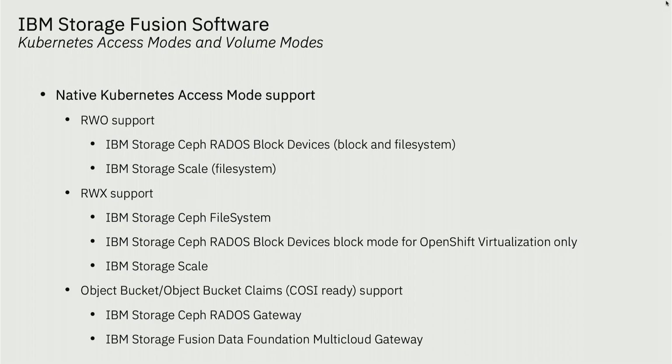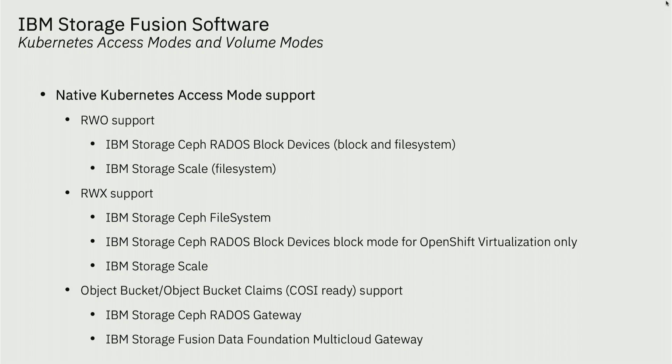We also do support file system mode with Scale, so no block mode. Because Scale is RWX capable, like the next bullet shows, for OpenShift VM migration, hot migration, you can use either Scale RWX or Data Foundation RWX block mode. You can do both, right?